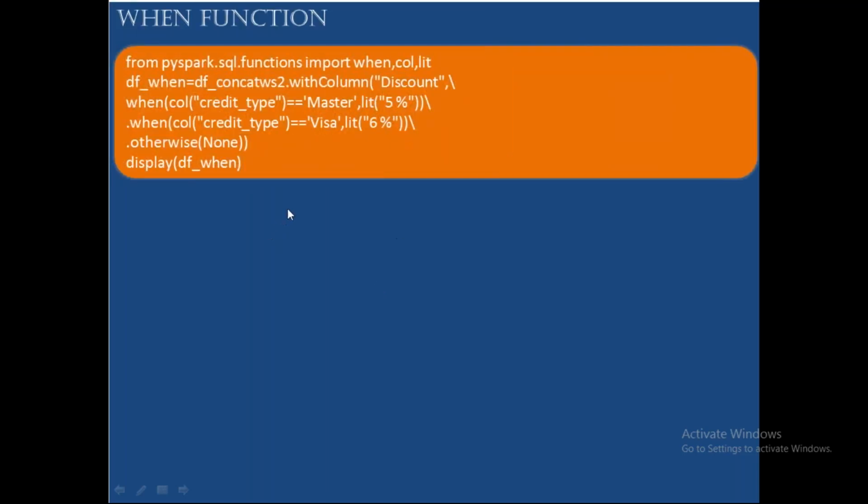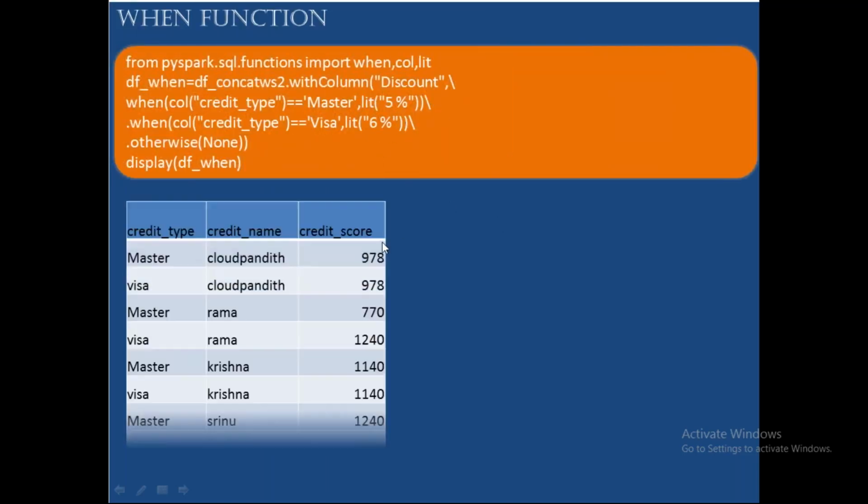Okay, so try to understand this when function because it is a very, very important function. See here, very simple. Let's say this is the data. In this, credit type equal to master: if the credit type is master, I want to give a 5% discount. With the column, I'm adding a discount column.